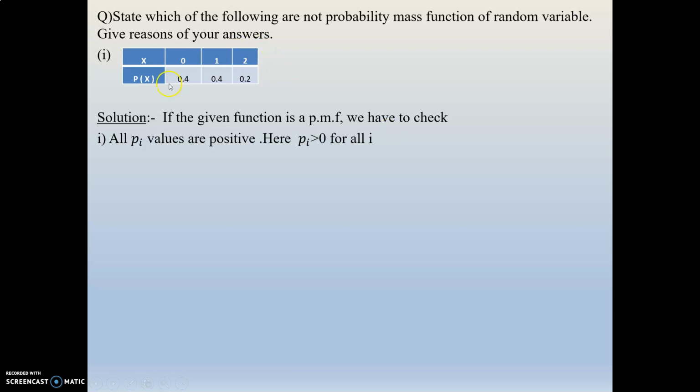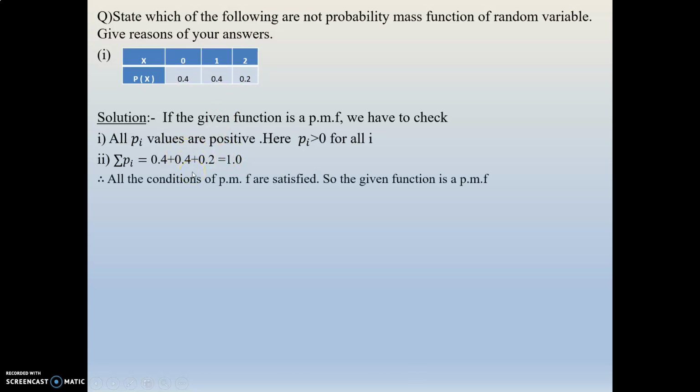Here the first value 0.4 is greater than 0, 0.4 again, all the pi's are greater than 0. So the first condition is satisfied, pi greater than 0 for all i. Second condition, summation of all probabilities, that means 0.4 plus 0.4 plus 0.2, is equal to 1. So the second condition is also satisfied, therefore the given function is a probability mass function.